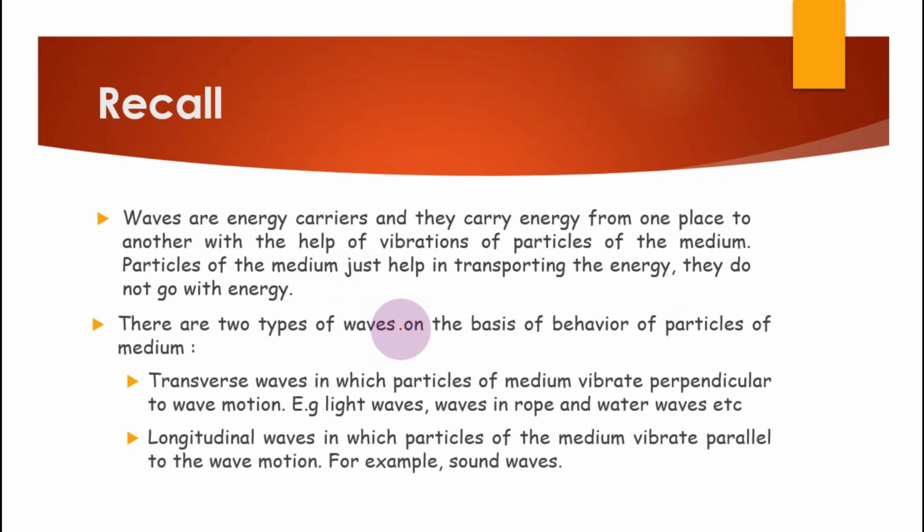There are two types of waves on the basis of behavior of particles of the medium. One is transverse wave, the other is longitudinal. It is a type of waves in which particles of the medium vibrate perpendicular to wave motion, for example light waves. And in longitudinal waves, the particles of the medium vibrate parallel to the wave motion, for example sound waves.